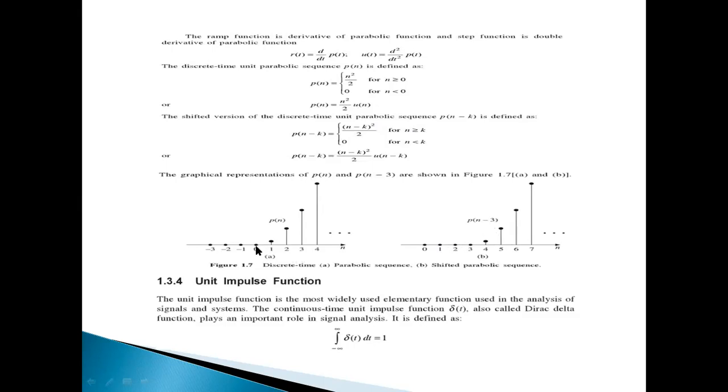The original starts at 0, where at n equal to 0 the value of p of n is 0. Here it starts at n equal to 3, meaning 3 samples shifted. For p of n minus 3, at 3 the value is 0, at 4 it slowly increases, at 5 the value increases, 6 increases, 7 increases. Follow, my dear students. Like that, we get the shifting operation of n samples: n minus 3 samples, 4 samples, 5 samples, whatever it is.